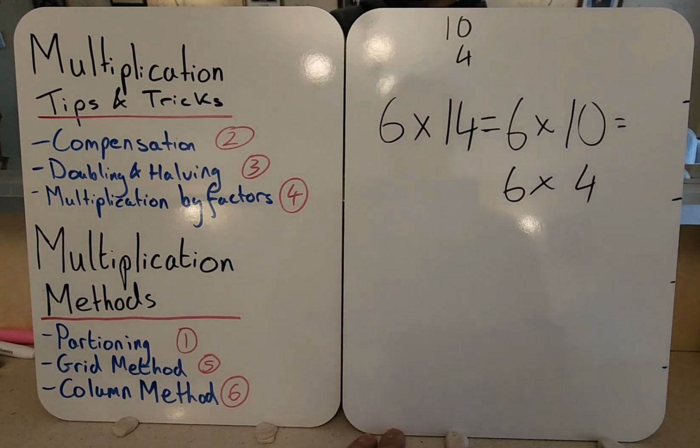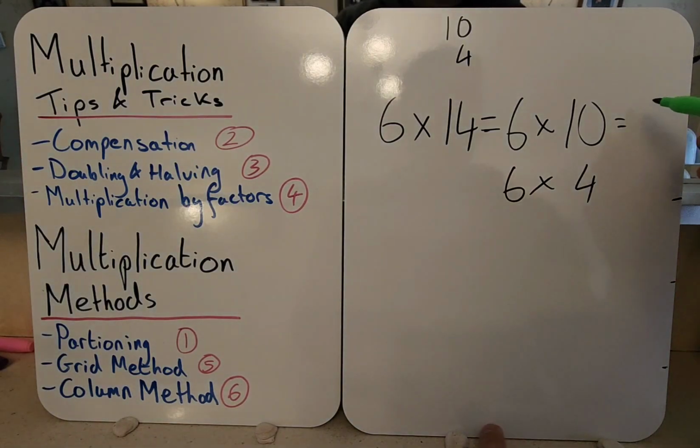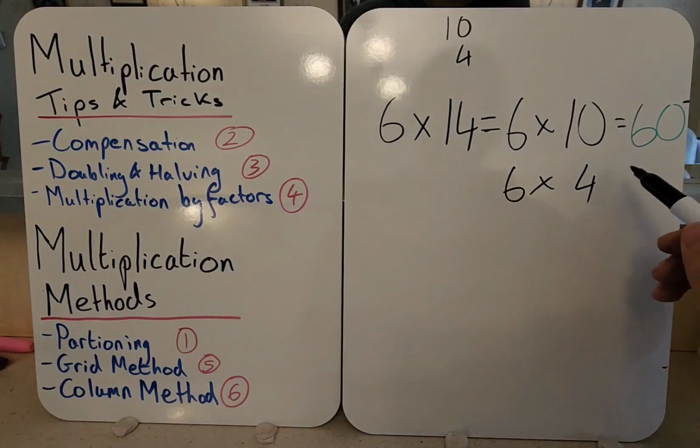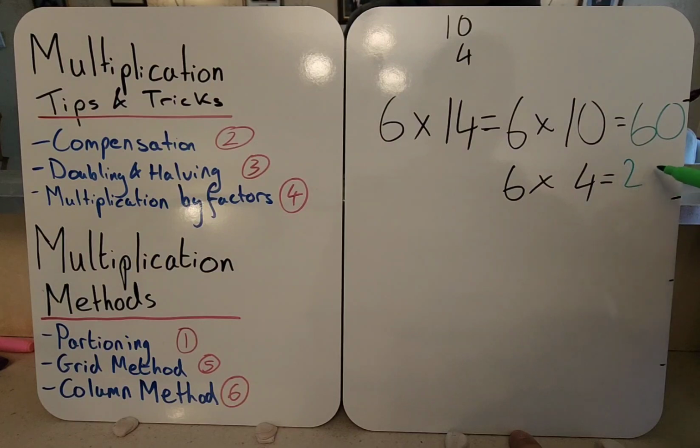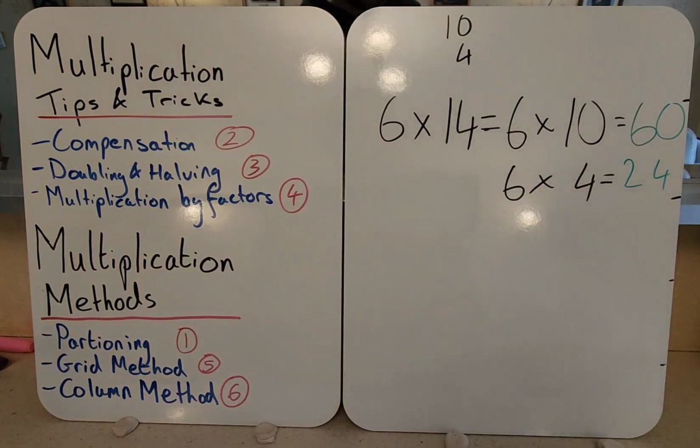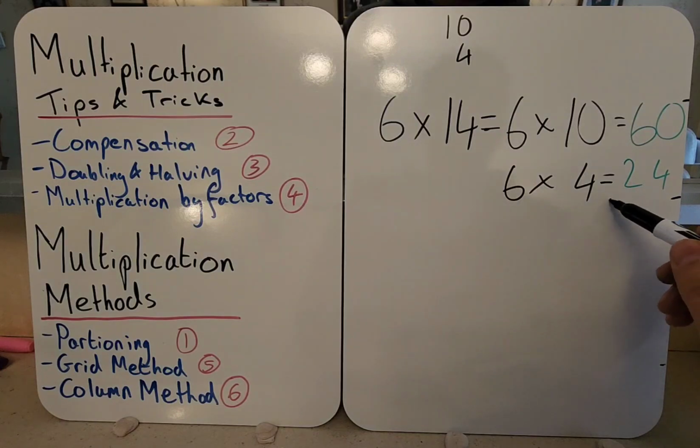Here I can work out what 6 times 10 is, 60. Then I can go ahead and work out what 6 times 4 is, and that'll be 24. Next, all I need to do is add these two numbers together. So in this column, we've got just 4s, 4.